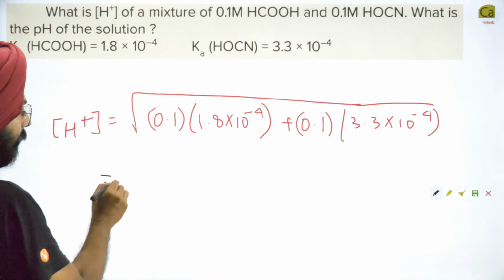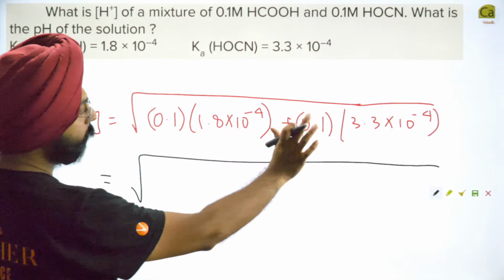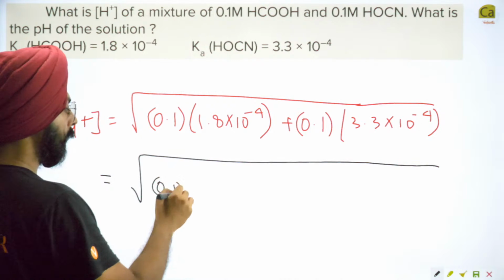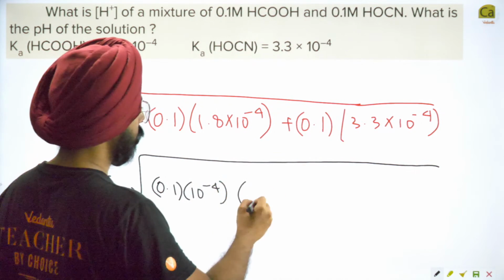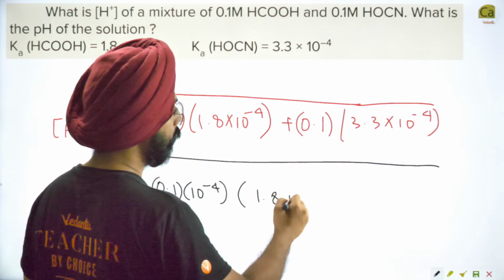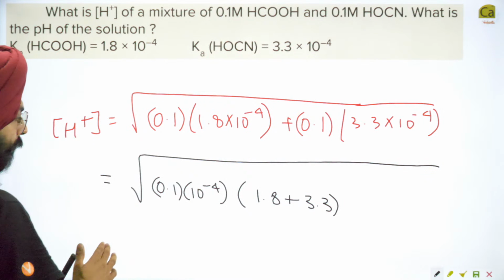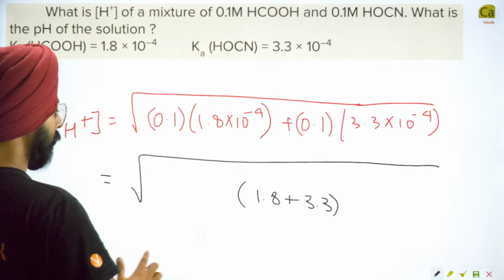Yeah. This is equal to, in the root itself, let's take some things common. 0.1 and 10 to the power minus 4 can be taken common, yeah? So 0.1 into 10 to the power minus 4 can be taken common. What you have over here is 1.8 plus 3.3. ये क्या चीज़ है? This is as good as 10 to the power minus 5, पर चलो कोई ज़रूरत नहीं उसको लिखने की.